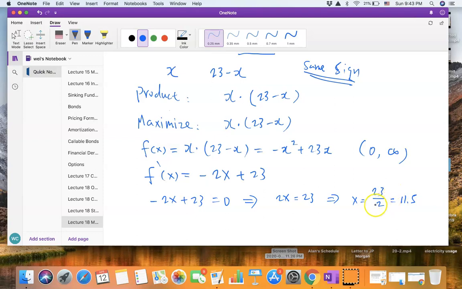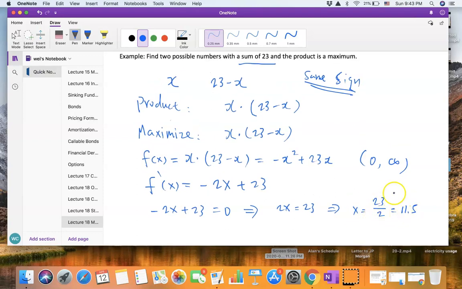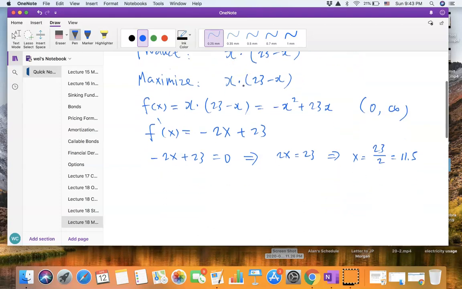Since x equals 11.5, therefore 23 minus x is also 11.5.